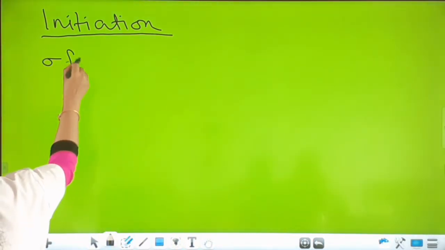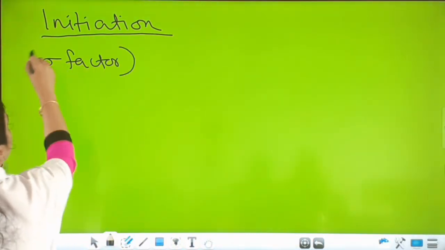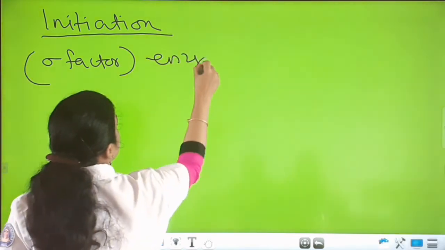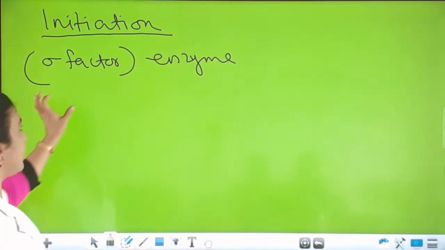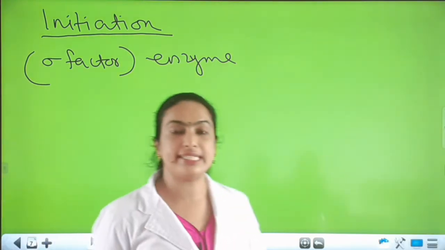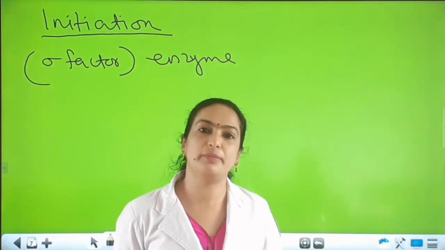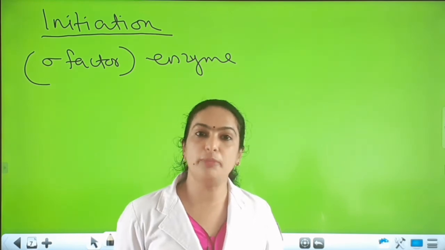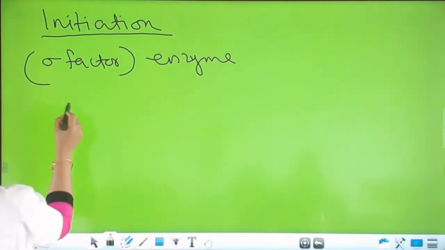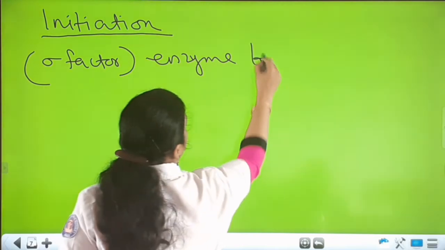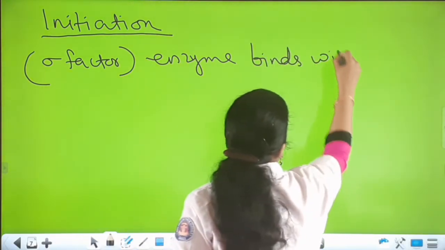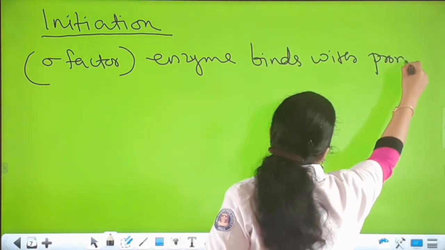So the sigma factor of the enzyme, which enzyme? RNA polymerase enzyme, recognizes the promoter gene. Then it binds with the promoter gene. The RNA polymerase enzyme binds with the promoter gene.